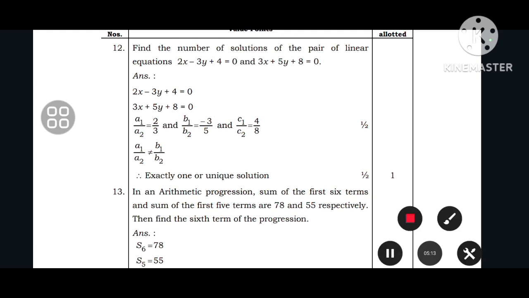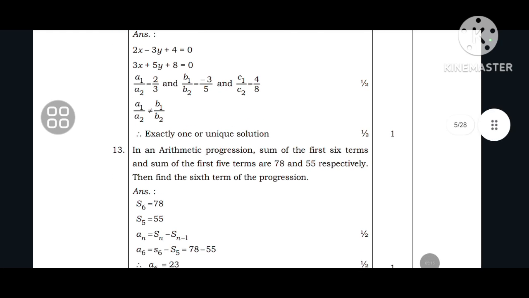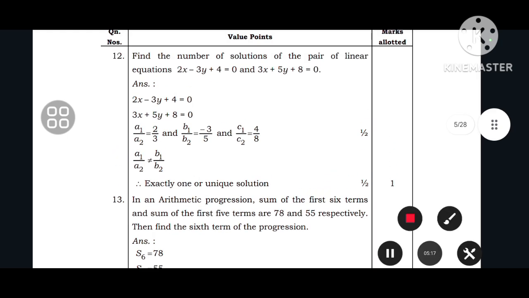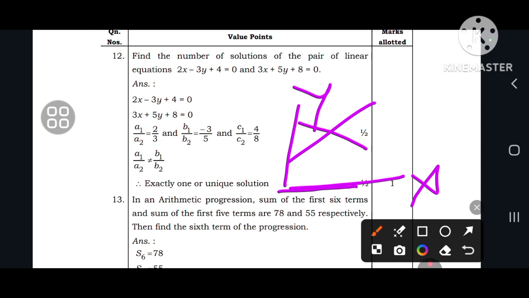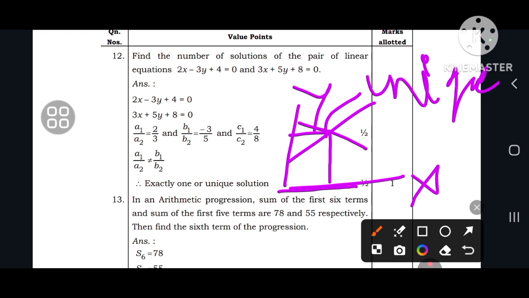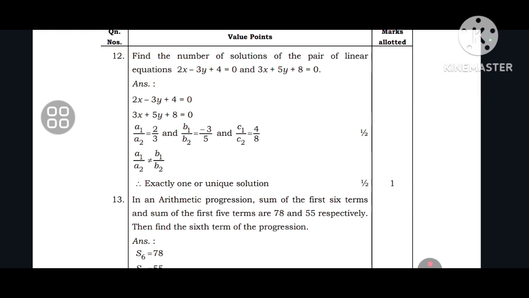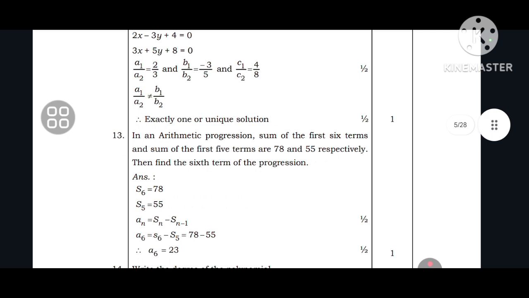Here you can see if the lines are crossing, you can remember that this is the xy plane, this is the y axis, this is the x axis, and if they are joining at this point, they have a unique solution, because a1 by a2 is not equal to b1 by b2.